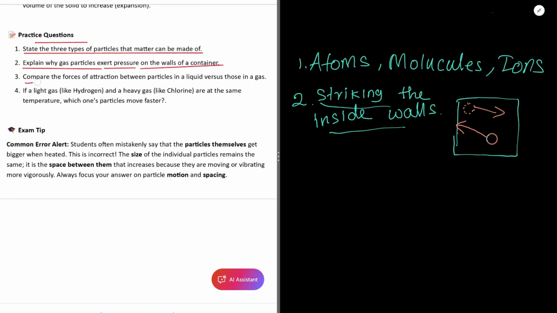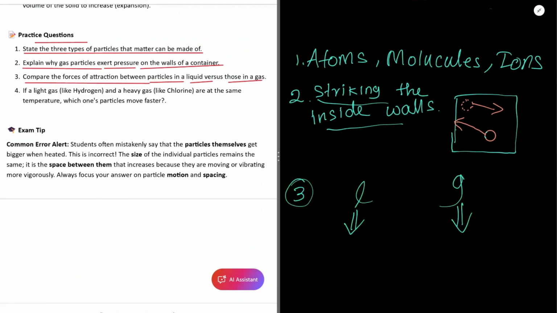Next question says, compare the forces of attraction between particles in a liquid versus those in a gas. So if you compare the forces of attraction between liquid versus gas, liquids have moderate force and gases have no forces at all.